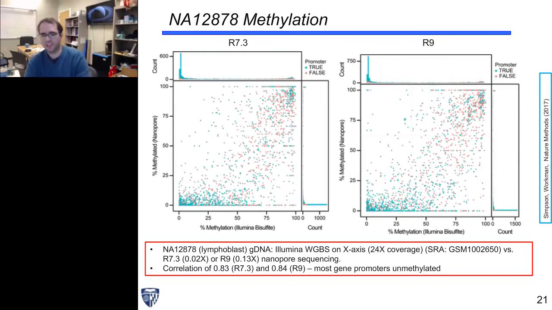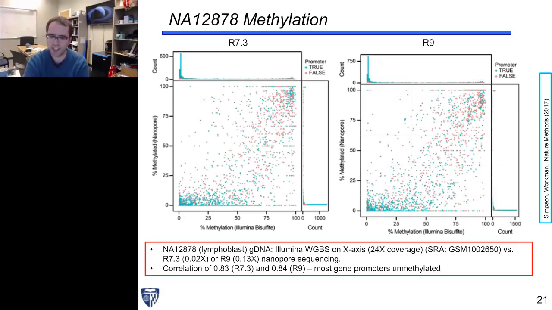So when we apply that to, again, our good friend NA12878 lymphoblast gDNA, we found that it correlated really well with the gold standard for methylation characterization, which is whole genome bisulfite sequencing. So pictured here is the data for the 7.3 pore on the left and the R9 pore on the right, comparing NA12878 sequencing in CpG islands, in regions of dense CG, and what the overall level of methylation was in these regions for these samples.